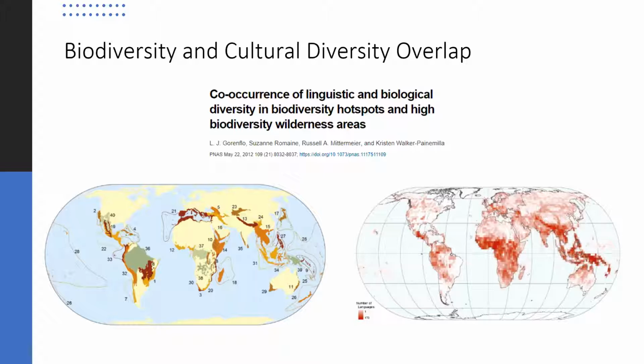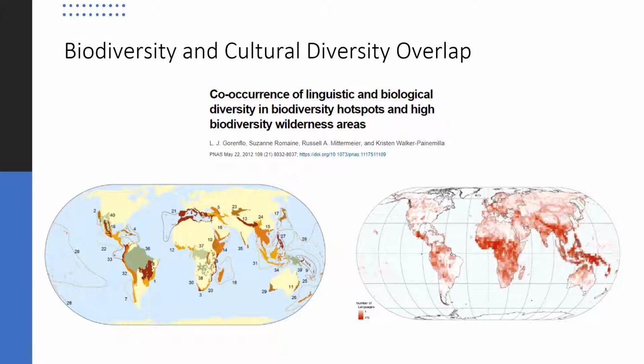They looked at areas that have high linguistic diversity and compared that to our current biological diversity hotspots. The map on the right shows the regions that have higher linguistic diversity, more endemic languages spoken, in the dark red, and then the global biodiversity hotspots on the map on the left, and you can see some fairly decent overlap between those areas, right?